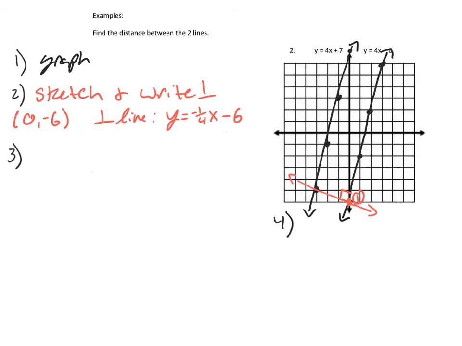Okay, now we need to solve for the second point. So this is where we're going to use our other line, the one that we didn't just use the intercept for, and solve that system. So we're looking at our perpendicular line and our second original line.